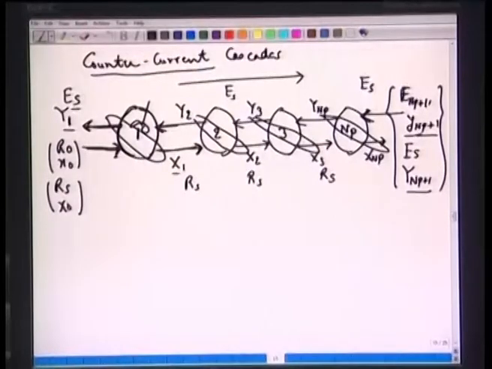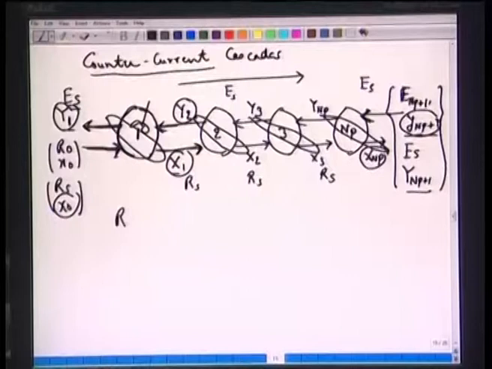So, we can mark these points on the equilibrium curve, and the material balance will give us, given x1 what is y2, given x0 what is y1, or given xNP what is yNP plus 1. So, let us make a material balance, or a species balance, for phase A. We can write Rs, solid free basis, (x0 minus xNP).